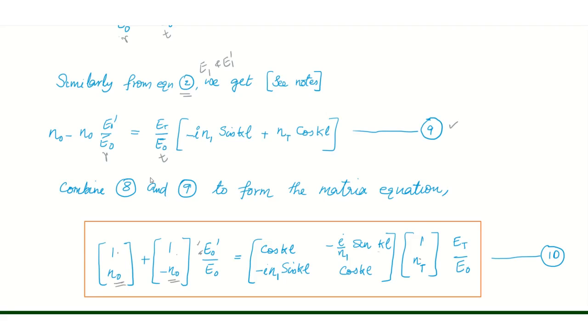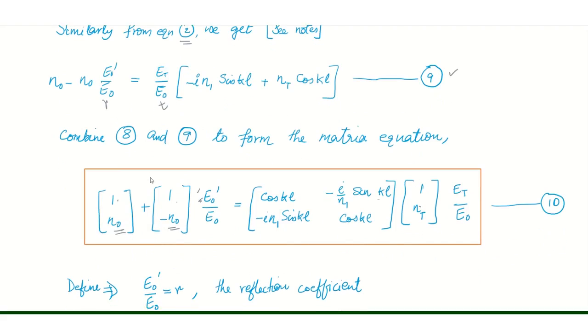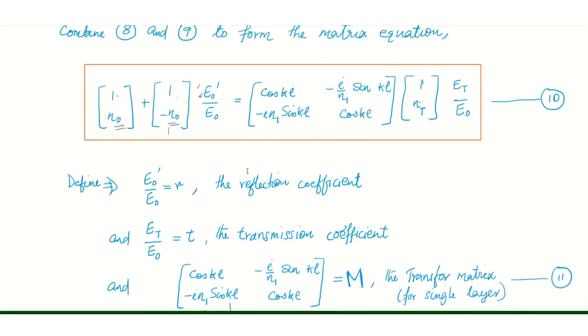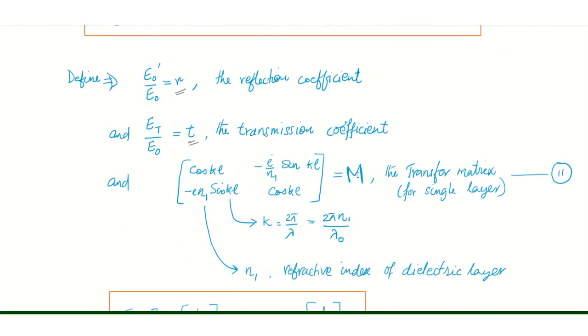Now you got a matrix equation. Just as I said, we substitute for R and T, and now we are going to use some of the techniques that we have learned. You define M as a transfer matrix.